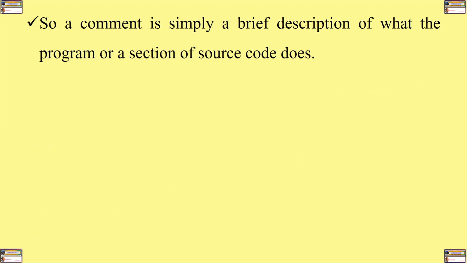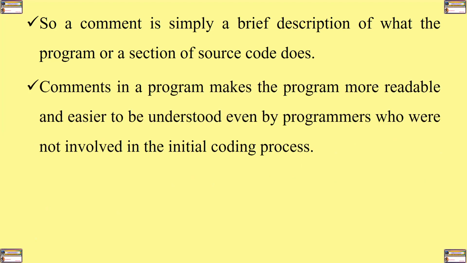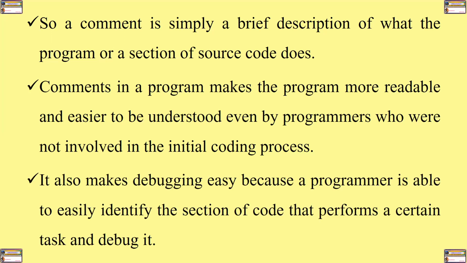So a comment is simply a brief description of what the program or a section of source code does. Comments in a program make the program more readable and easier to understand, even by programmers who were not involved in the initial coding process. It also makes debugging easy because a programmer is able to easily identify the section of code that performs a certain task and debug it.